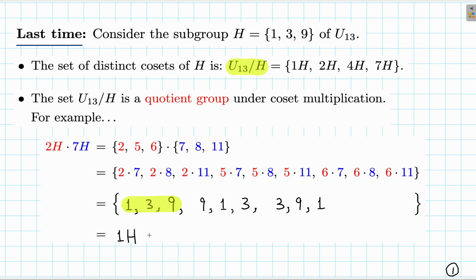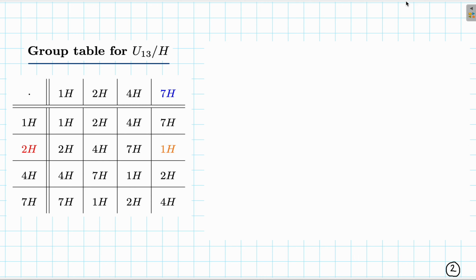And that's how we do coset multiplication. And here's the group table for U13 mod H. For instance, we just computed 2H times 7H and found that the product was 1H.